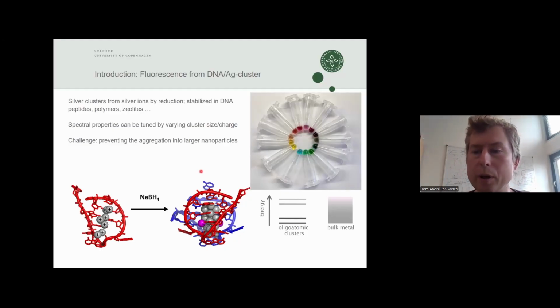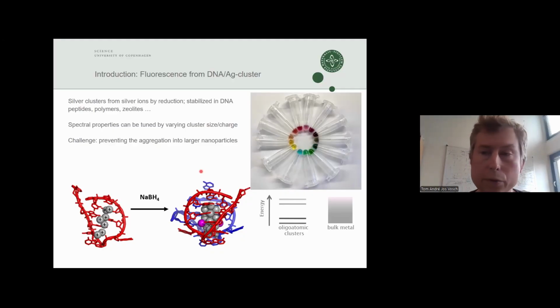Now, the tricky part is that we have to prevent these small clusters from aggregating into larger nanoparticles or into bulk metal. So the easiest way to do that is by using a ligand or a scaffold in order to tune the size and the charge and the shape of the particle.